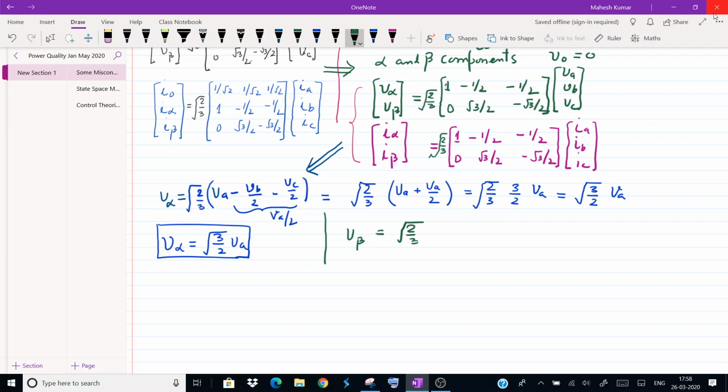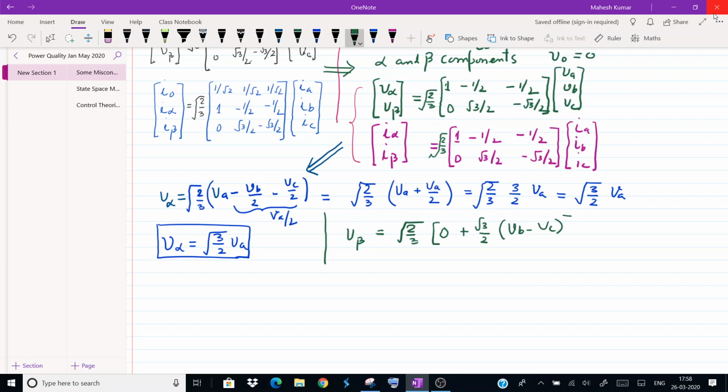It is 0 into VA. So 0 into VA is basically 0, and root 3 by 2 is common to both, and this is VB minus VC.